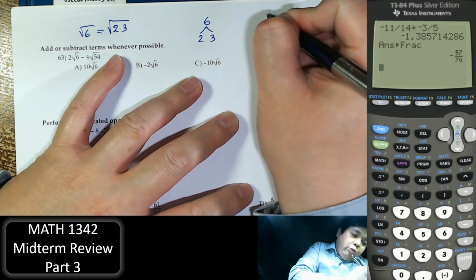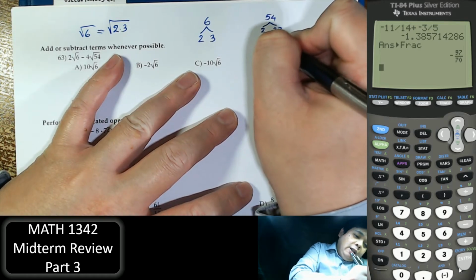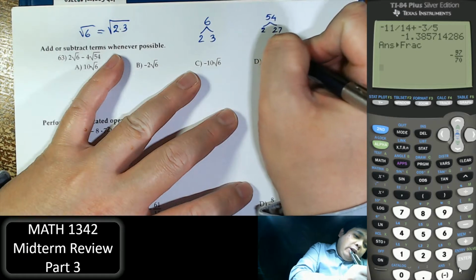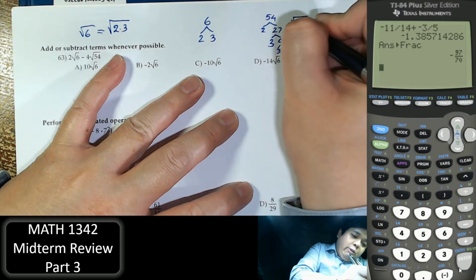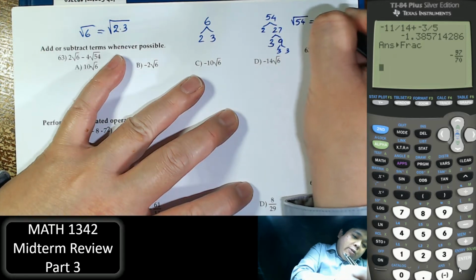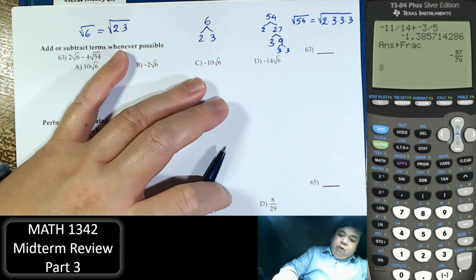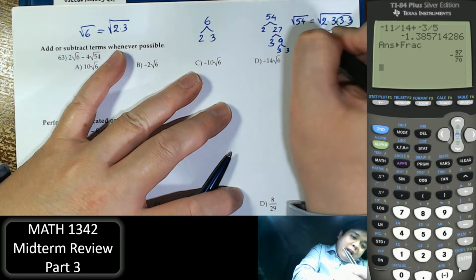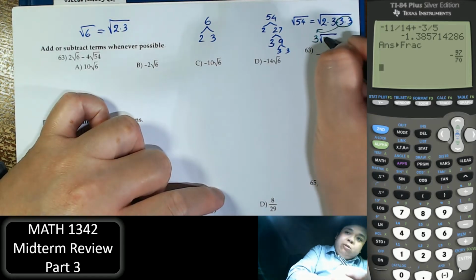Next, 54, if we break it down, 2 and 27, 3 and 9, and then 3 and 3. So the square root of 54 is square root of 2 times 3 times 3 times 3. For every pair of 3, one of the 3s comes out. And then we have 2 times 3 left.